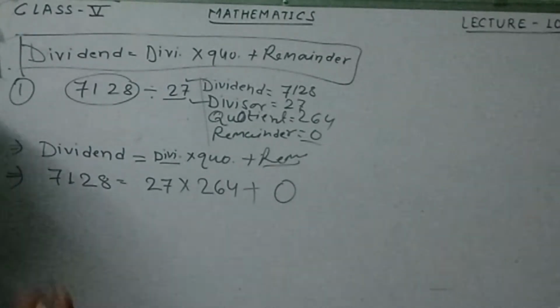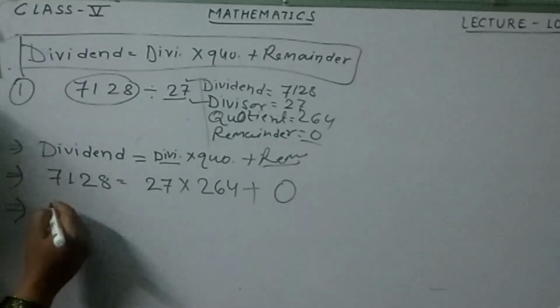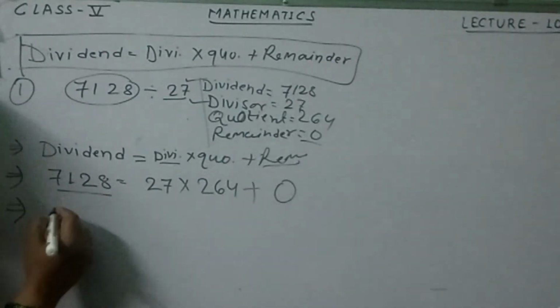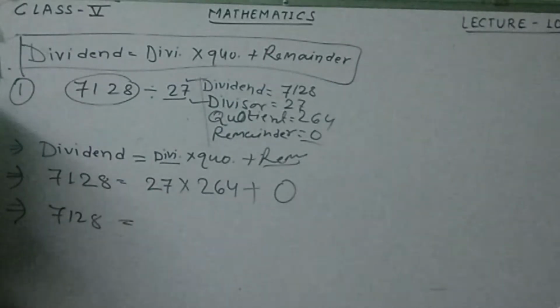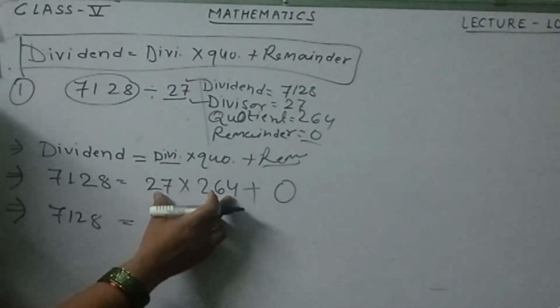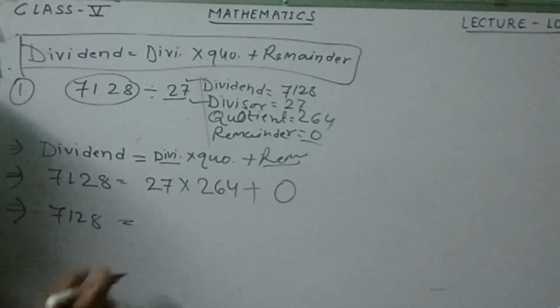After substituting the values, see the second step. Write 7128 as it is. Then multiply these numbers together and see what it will be.